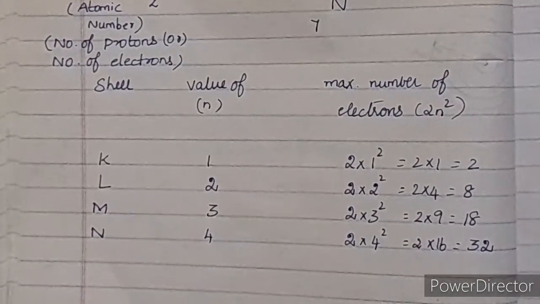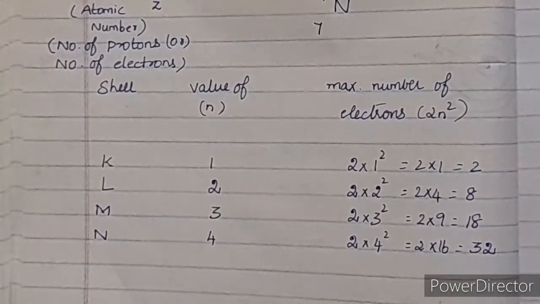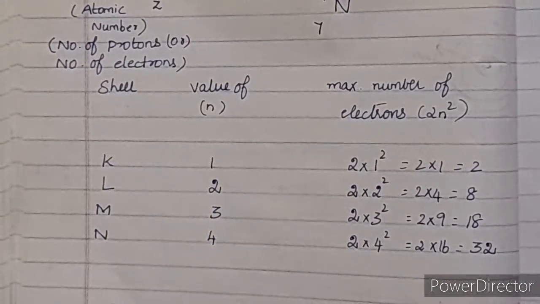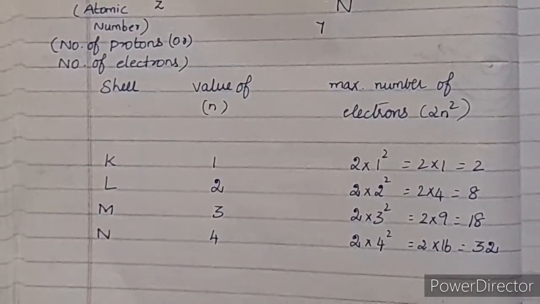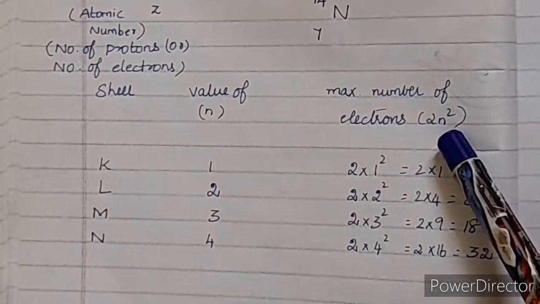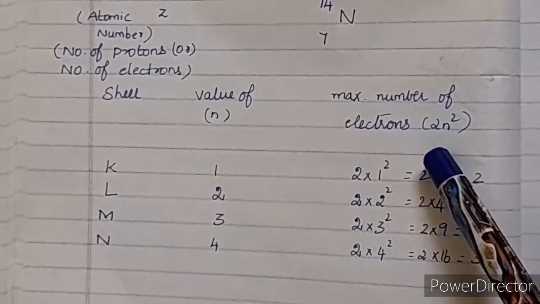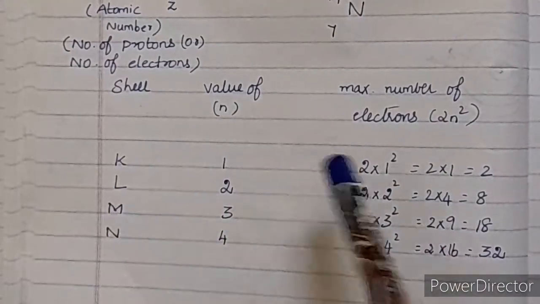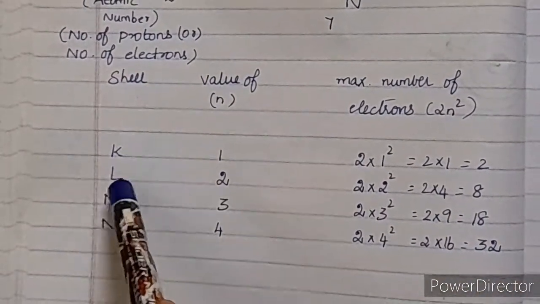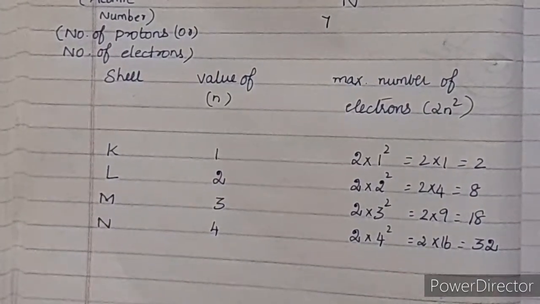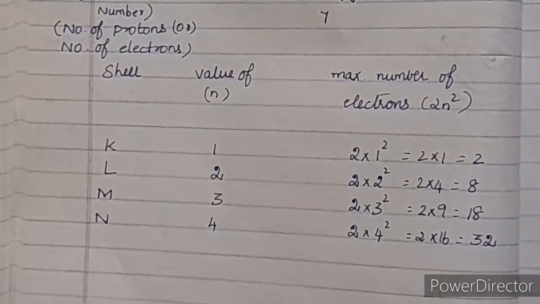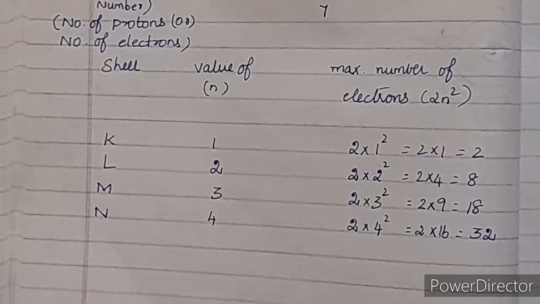Now you have certain rules to fill the electrons in the shells. The first rule is that the maximum number of electrons that can occupy each shell is given by the formula 2n square. So using this formula you can calculate the number of electrons that can occupy the shells K, L, M, N. The next one is that the shells are filled in a stepwise manner in the increasing order of their energy.